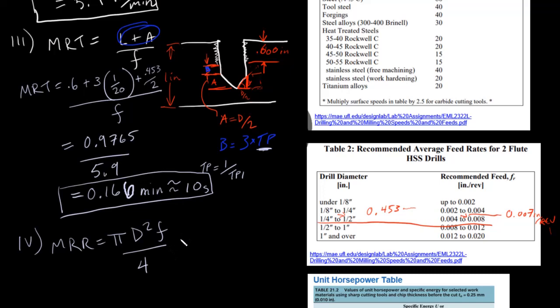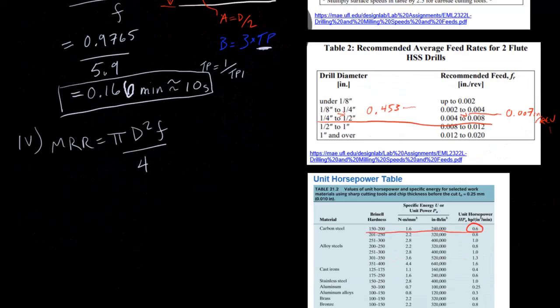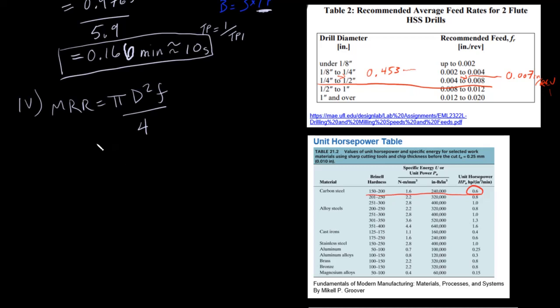Anyway, so this is pi. Now the diameter is 0.453. We're going to square it. Our feed rate is 5.9, and we'll divide this by 4. Okay, so plug this back in.